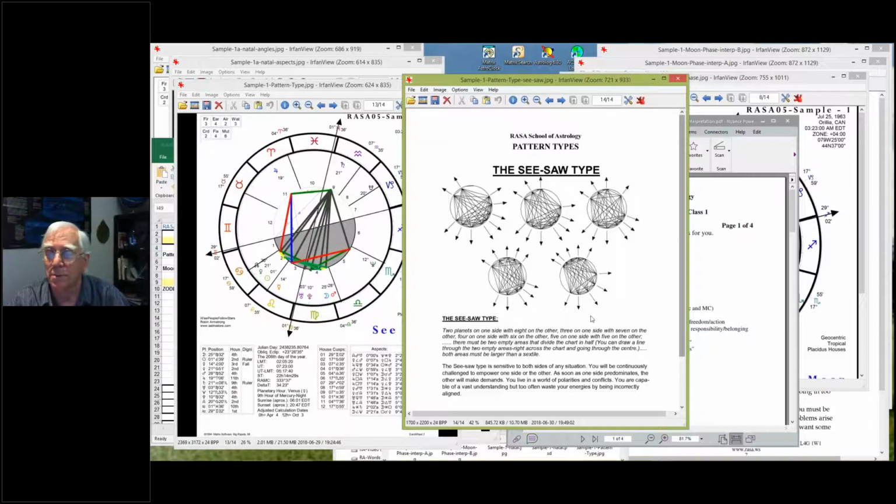Okay, and the seesaw type is sensitive to both sides of any situation. You'll be continuously challenged to empower one side or the other. As soon as one side predominates, the other will make demands. You live in a world of polarities and conflicts. You are capable of a vast understanding, but too often waste your energies by being incorrectly aligned.